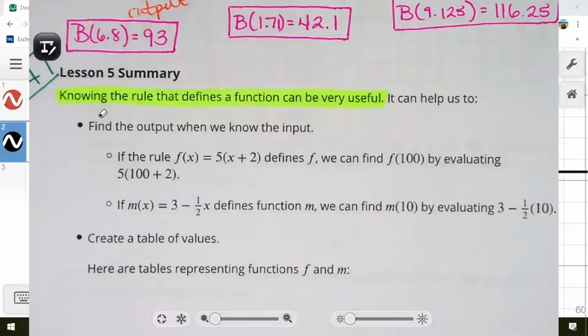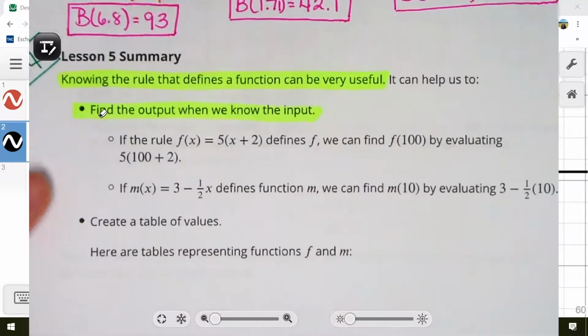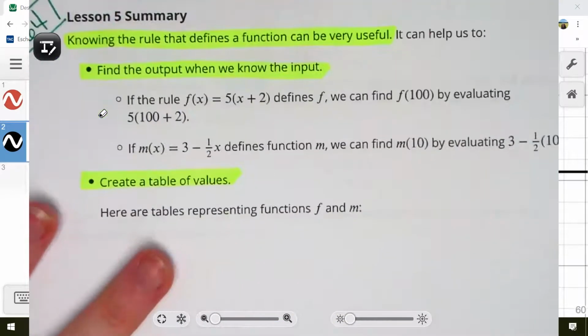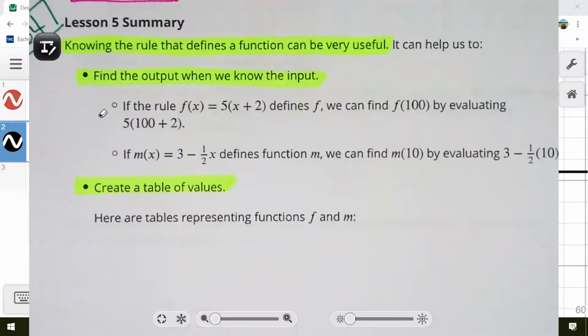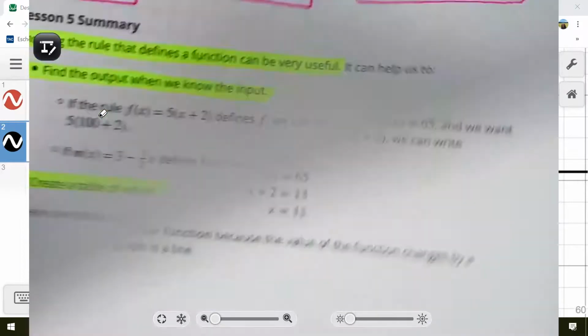We can find the output when we know the input. We can create a table of values, which is going to be on the next page. We're going to have functions f and m in these tables. Right, turn the page.